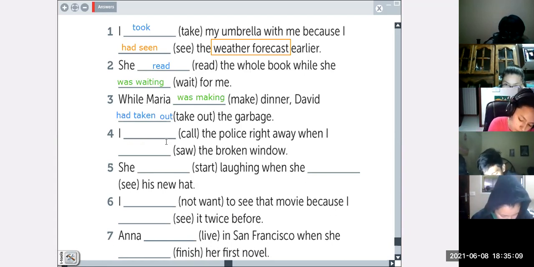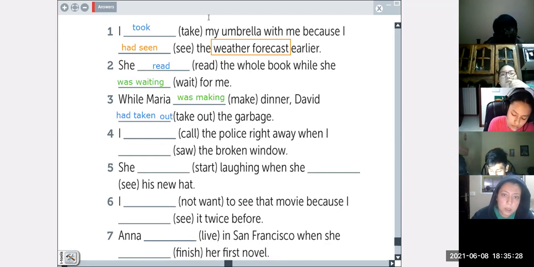Mientras María estaba haciendo la cena, David había sacado la basura. ¿O qué piensan ustedes? ¿Cómo podríamos hacerlo? David took out.